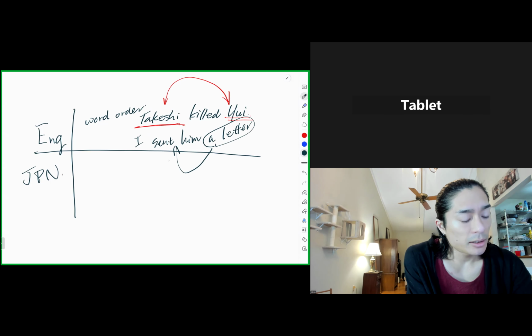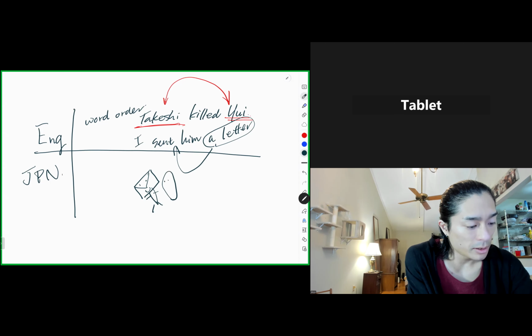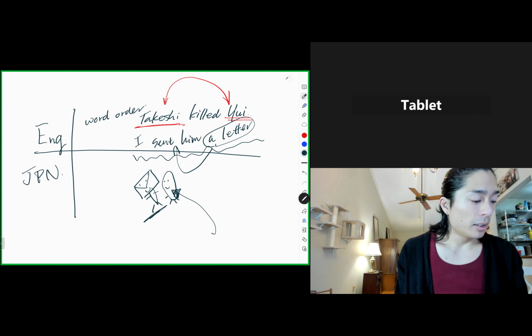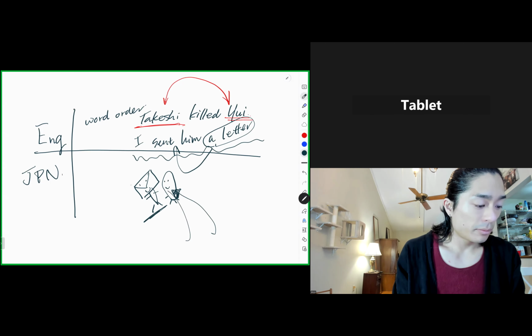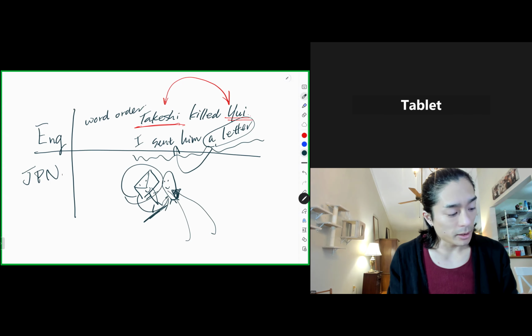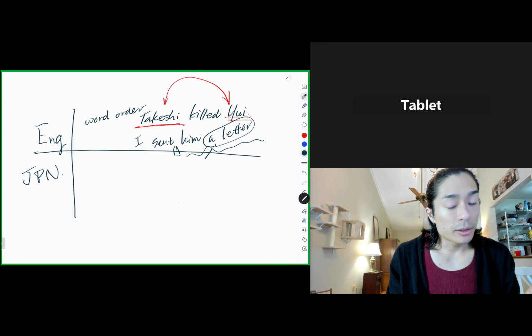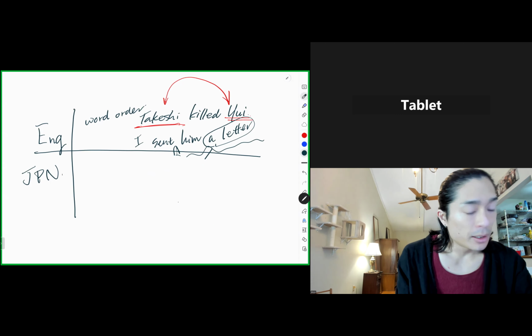This could mean I sent a letter to this person who is letter, or I sent a letter, him, whoever him is. Or, if we flip the word order, I sent him to a letter. But the normal sentence is I sent him a letter, right? So the meaning will be totally different in English.